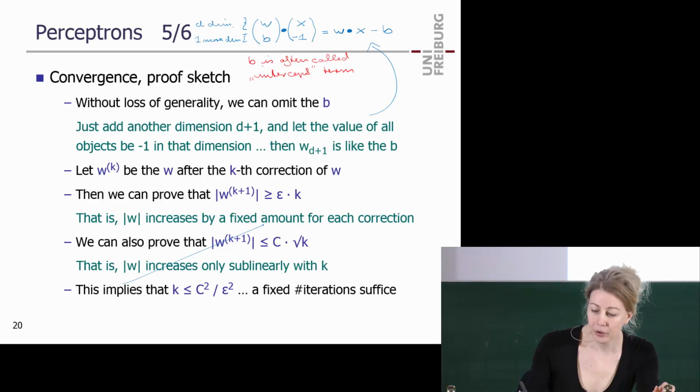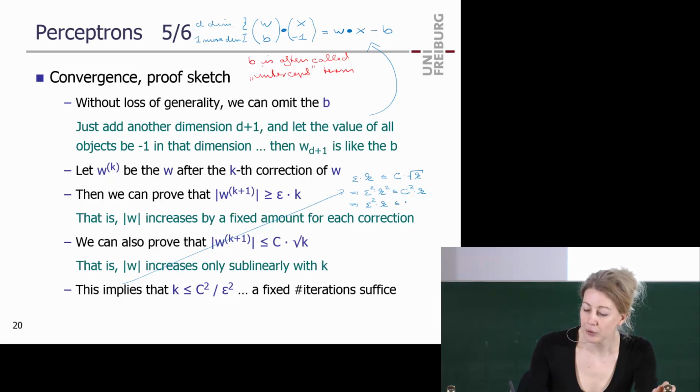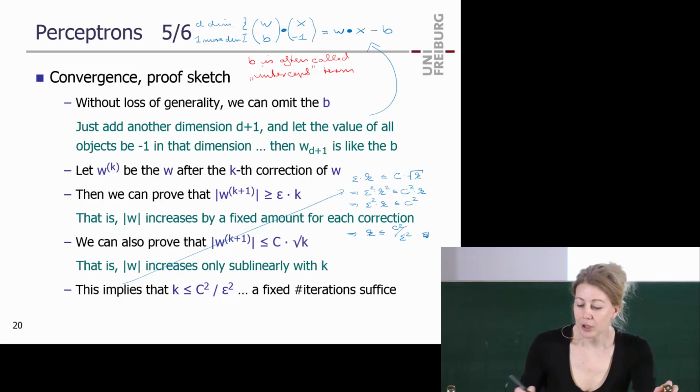If I have epsilon times k less or equal c times square root of k, then I have epsilon squared k squared less or equal c squared times k, which means epsilon squared times k less or equal c squared, which means k is c squared times, yeah, I just get a lower bound.